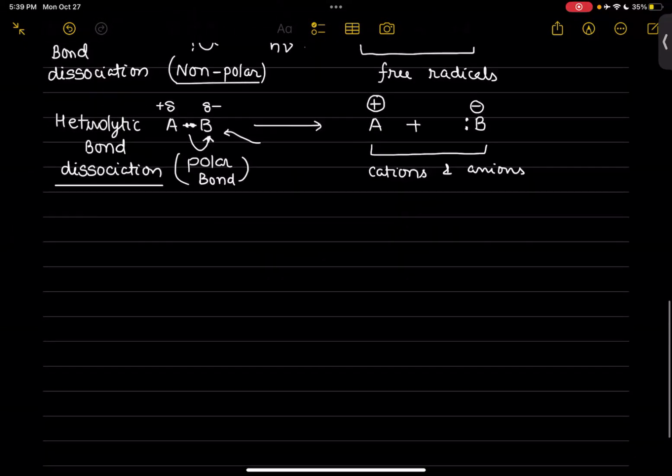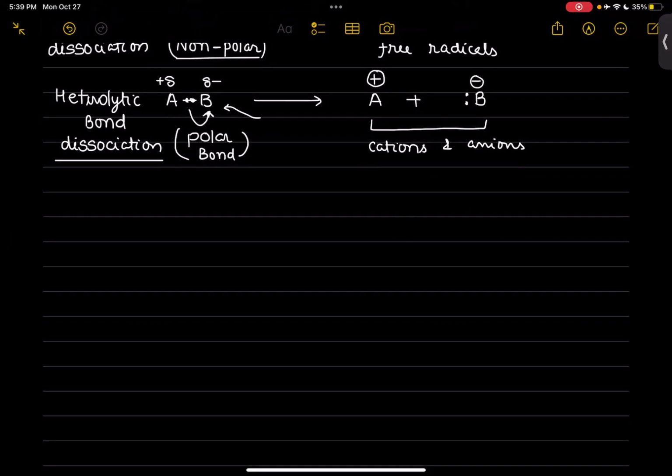So we can take some examples. Let's say suppose I take this cyclohexane and chlorine. How will the electron be shifted in this? Towards which atom, which atom is responsible for the shifting of electrons, and in which direction are they going to get shifted?